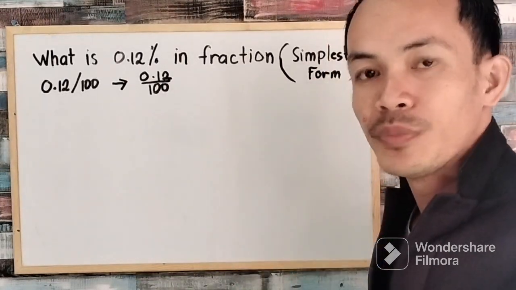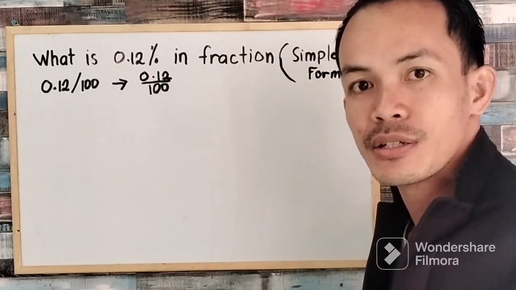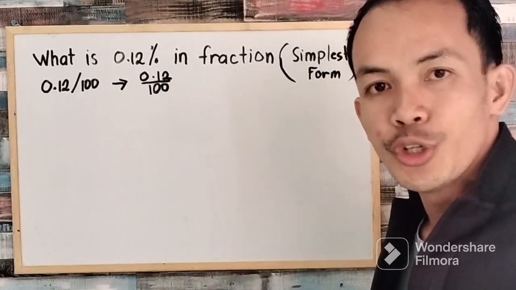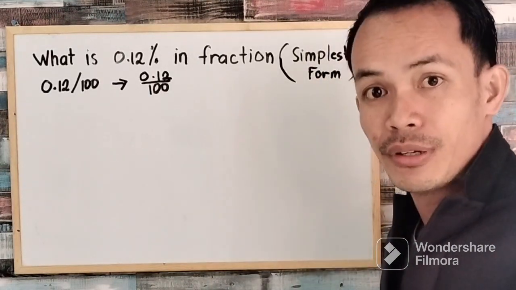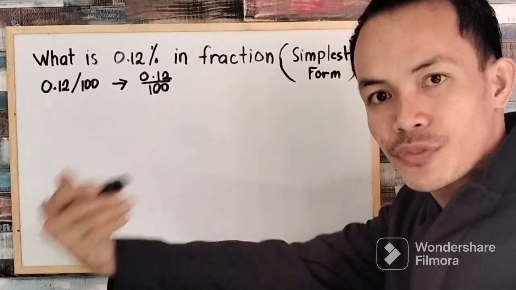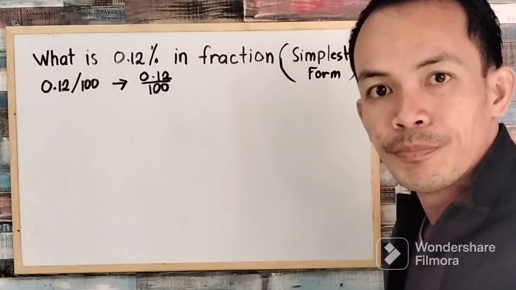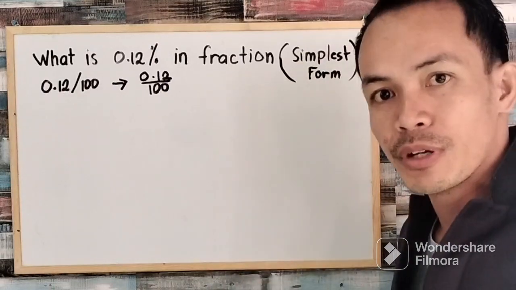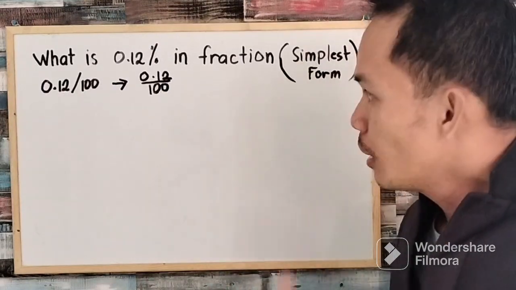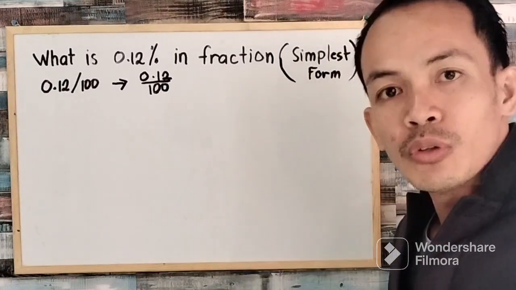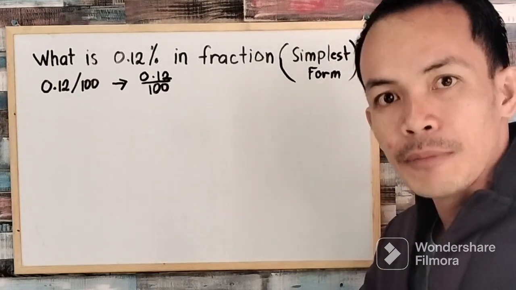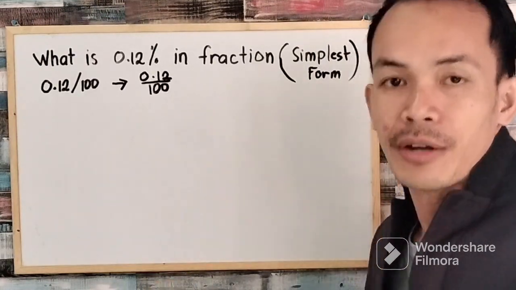But remember, this is not yet our final answer. Why? Because our numerator is a decimal number. You have to express it first into a whole number. Paano ba natin i-express yung numerator into a whole number? Now, ang unang mong titingnan is how many decimal places are there.